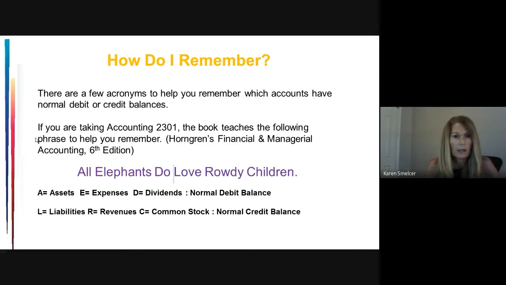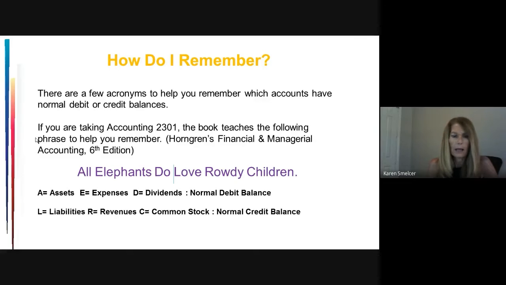The one that is listed, if you're taking Accounting 2301 in the Financial and Managerial Accounting book, they use this acronym, which can be helpful, but feel free to use any that help you. This is the one they use, and it's called All Elephants Do Love Rowdy Children. If you can remember that phrase, it helps you remember which type of accounts have normal debit or credit balances.